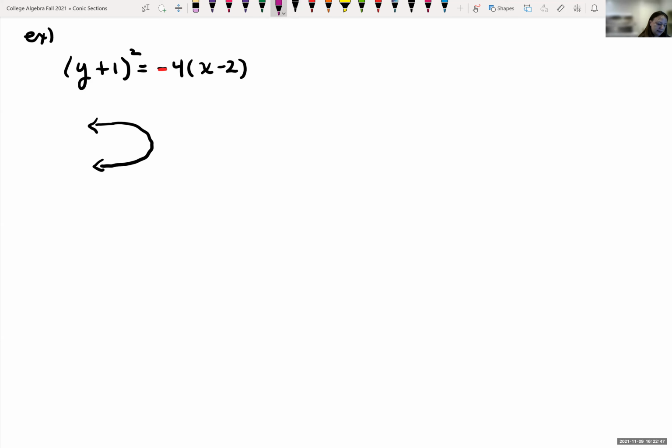I can look at where my vertex is. Remember, these are opposite. So my h value is 2, and my k value is -1.